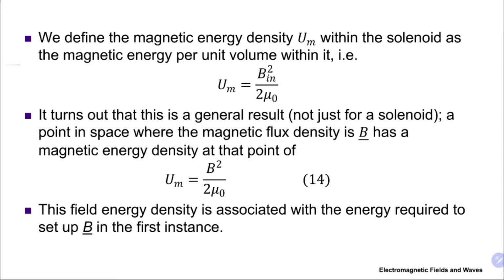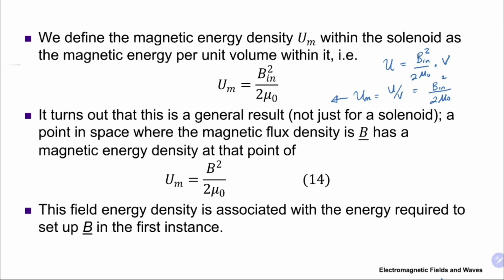Just now we had U equals B squared over 2 mu naught times the volume, and if we divide that by the volume, we get B squared over 2 mu naught, and we define this as the energy density.